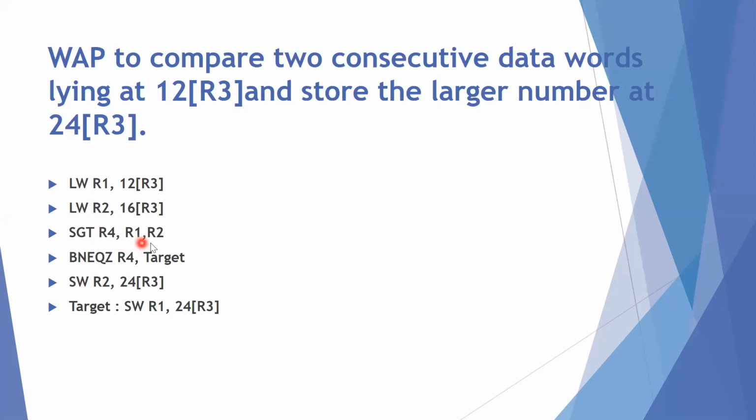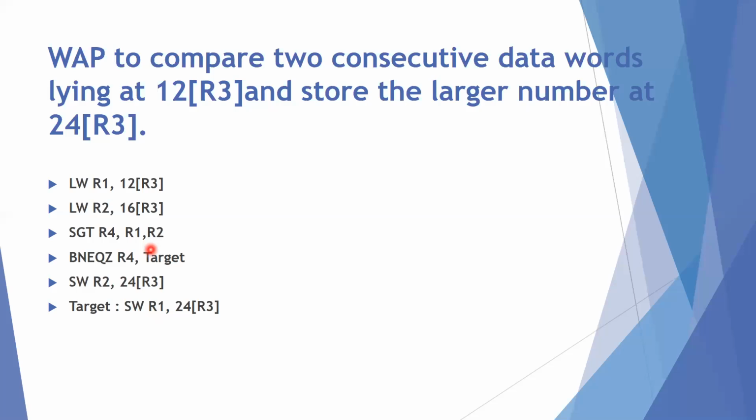If R1 is greater than R2, I will set R4 equal to 1. If R4 is equal to 1, then this means my R1 is already greater than R2. I should store R1 at the location which is specified, else I should store the next number. Obviously, the other number is greater. So what I will do is, I will check the contents of R4 after performing the set greater than instruction. समझ आ रहा है सबको?